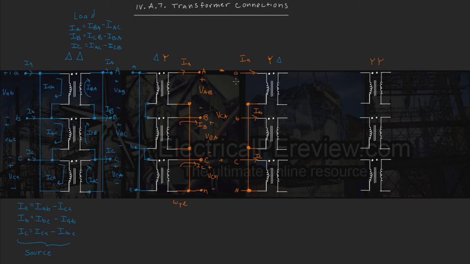We've got our line voltage for the source for A as plus V lowercase AB minus, lowercase because it's the source. We've got our line voltage for B as plus V lowercase B to C minus. And then for C, we're going to have plus VCA minus up top.